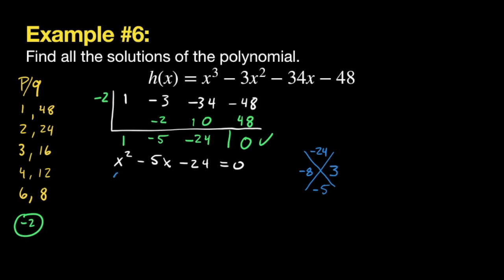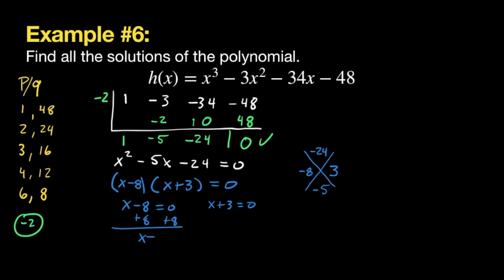So we're able to factor this into x minus 8, x plus 3, and this is equal to 0. So we get x minus 8 is equal to 0, x plus 3 is equal to 0. So plus 8, x is equal to 8, minus 3, x is equal to negative 3.